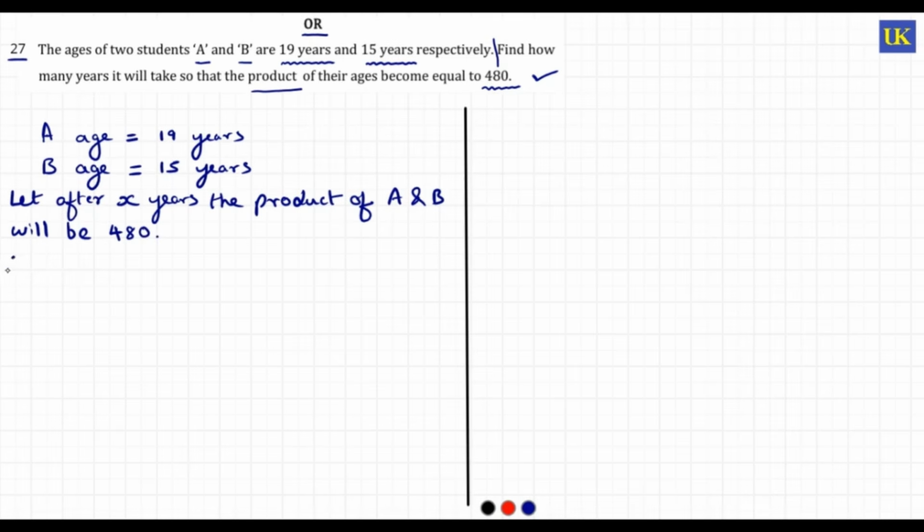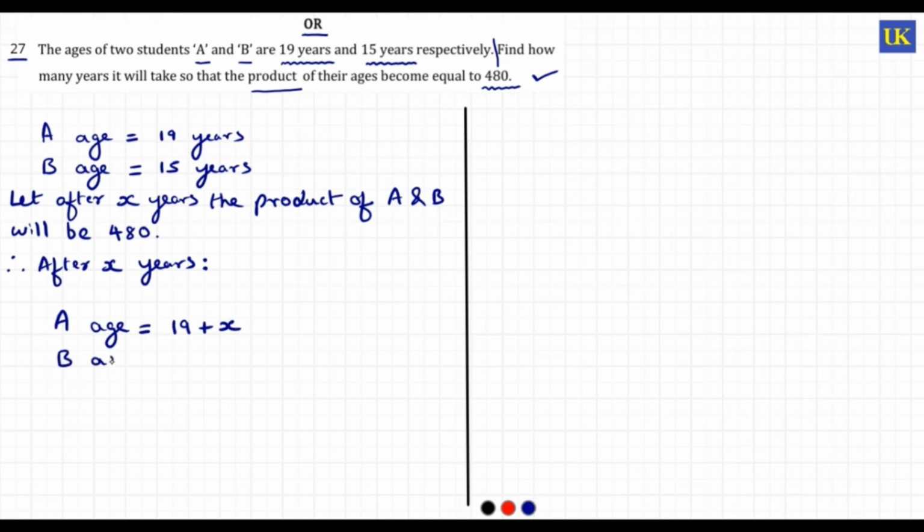So therefore, after X years, we don't know how many years X is, we have to find out. So after X years, A's age will be 19 plus X, right?